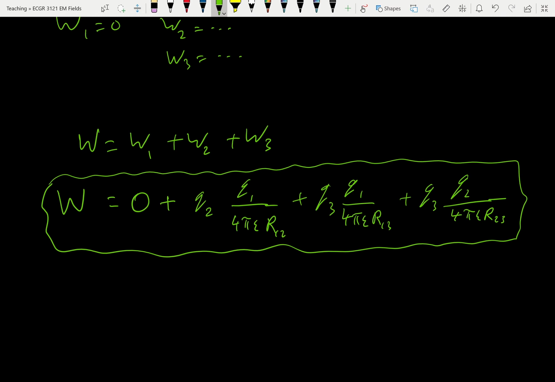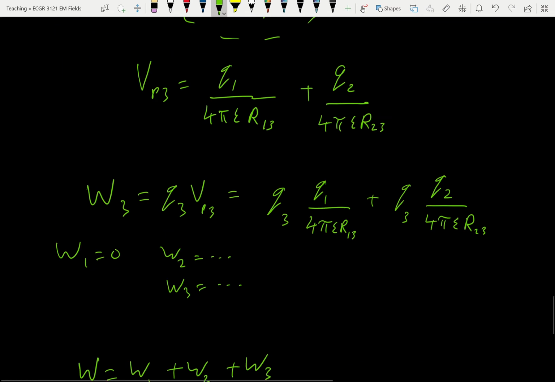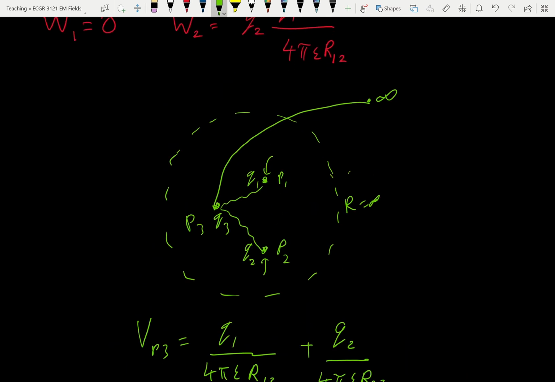Right? Okay, now comes the conceptual point. We started with Q1, and then we moved Q2, and then we moved Q3. But notice, in terms of the energy in the system, does it really matter? All that matters is the configuration of the system.